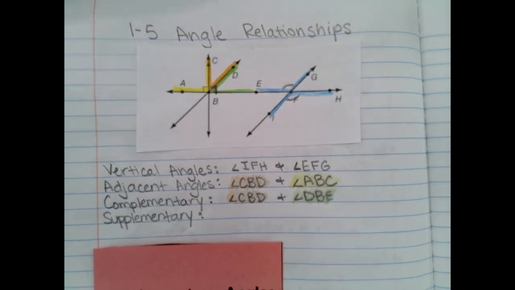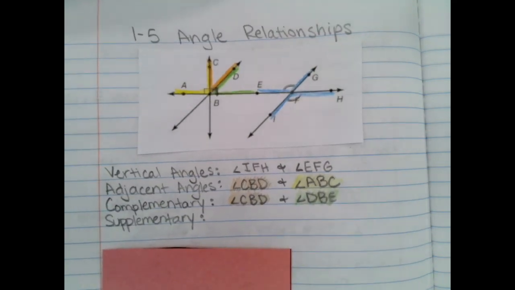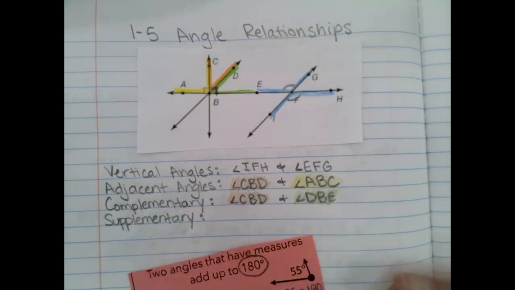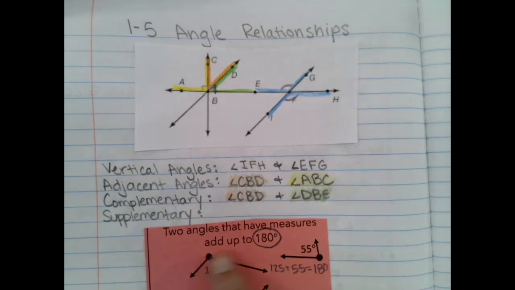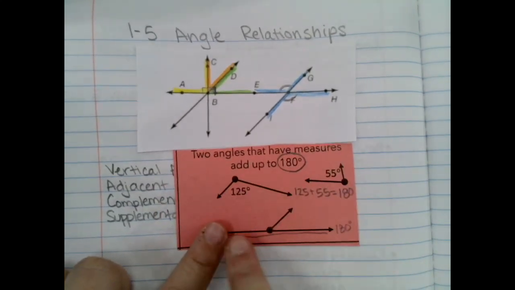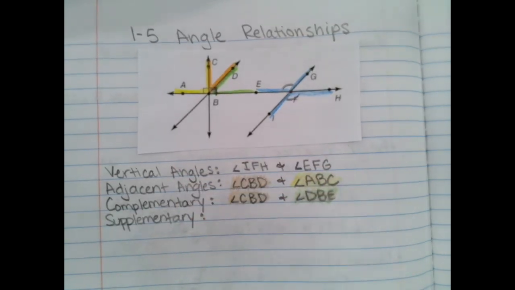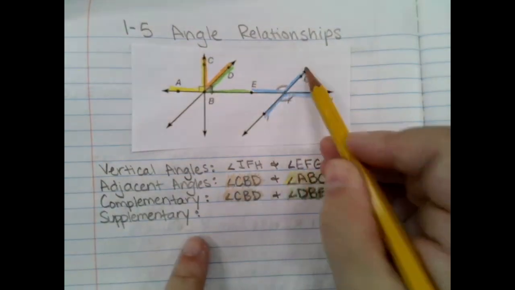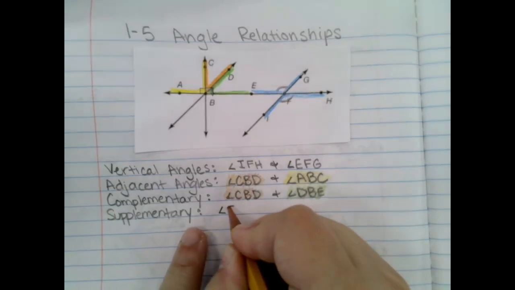Supplementary, remember, means how many when you add them together? 180. So two angles that make 180. And again, this one we're going to be looking for the angles that are adjacent to each other. We don't have any of those angles with the numbers. So let's go back to one that we already did, EFG.